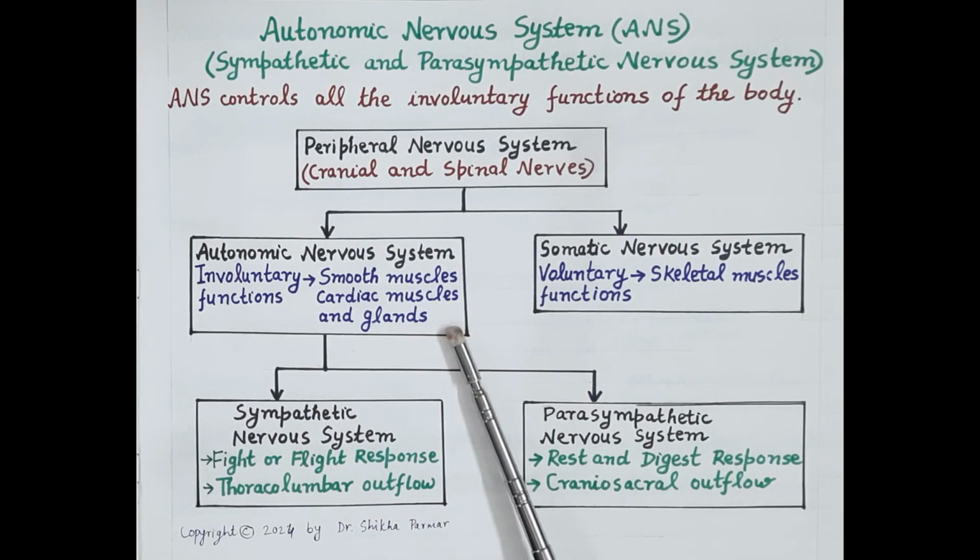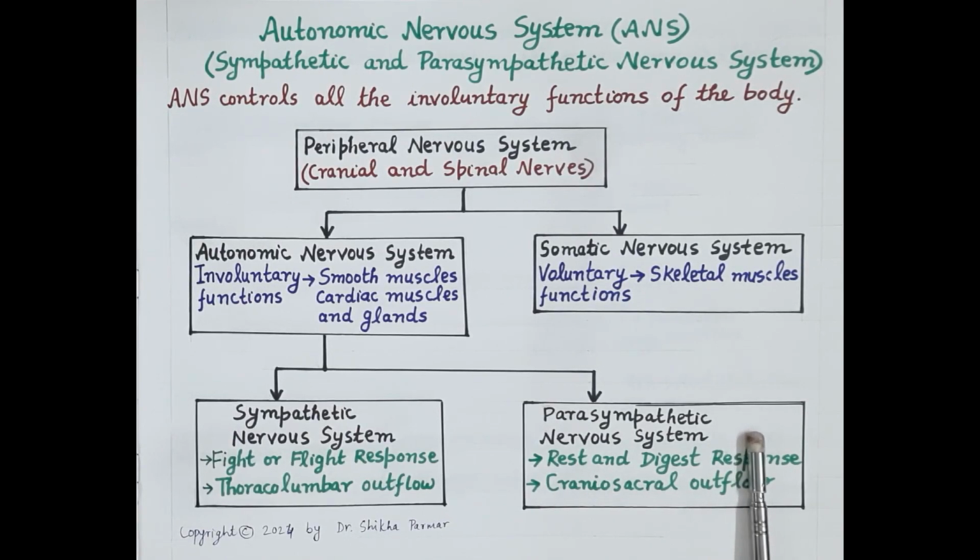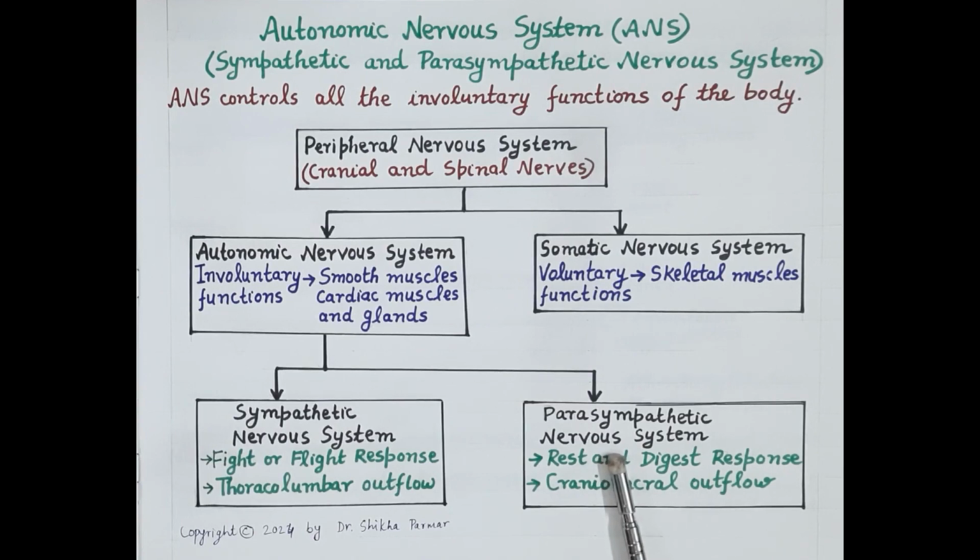Now, autonomic nervous system is further divided into sympathetic nervous system, in short SNS, and parasympathetic nervous system, in short PNS. So, sympathetic nervous system and parasympathetic nervous system together control all the involuntary functions of the body.